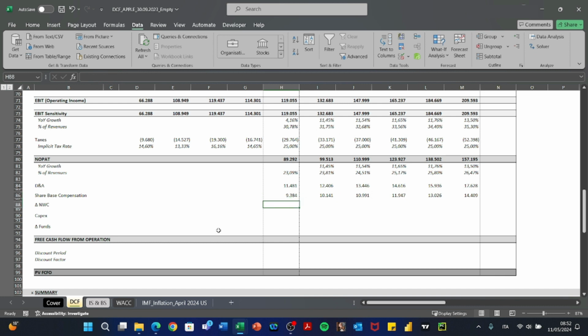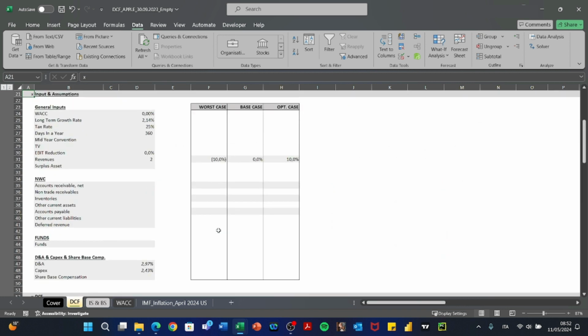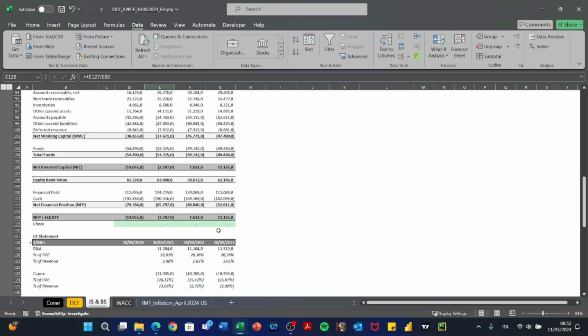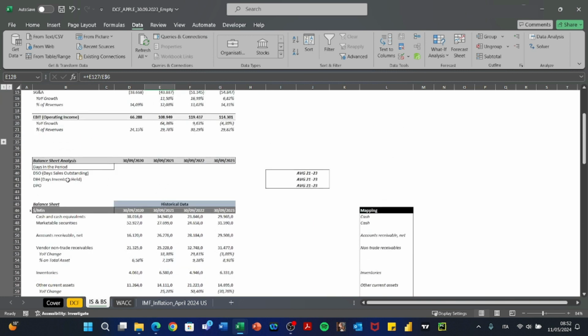Okay, so about the change in net working capital, let's calculate the DSO, which stands for the days sales outstanding.